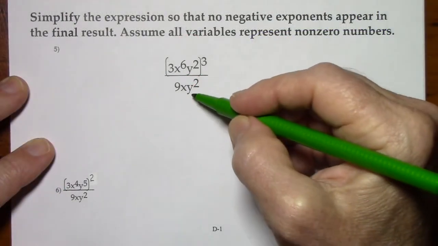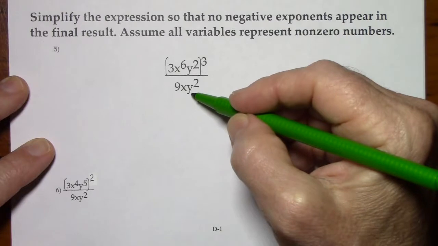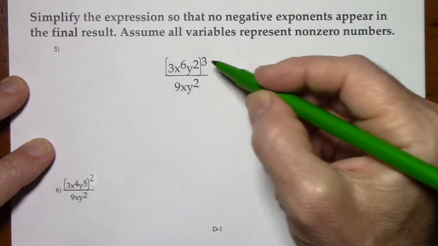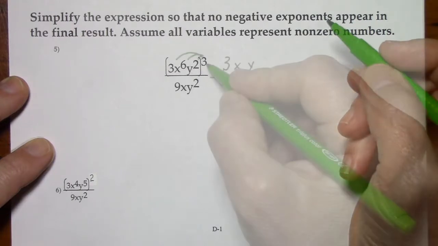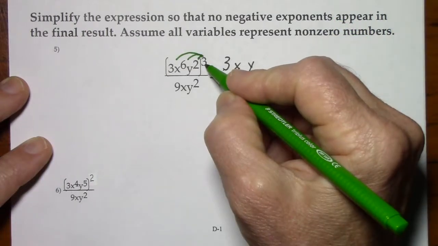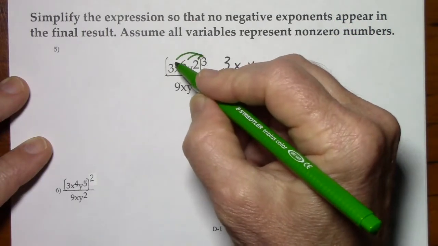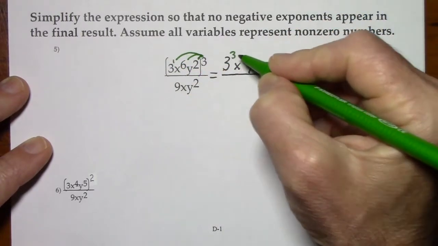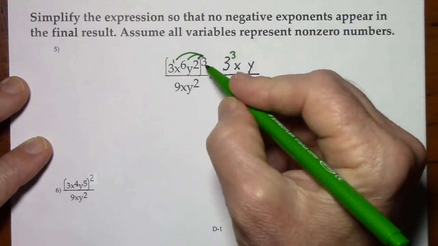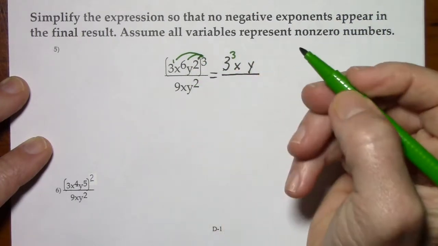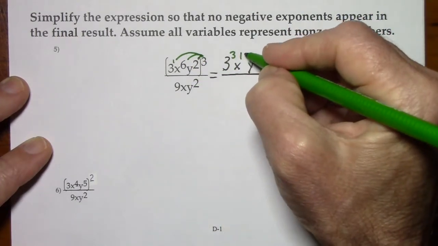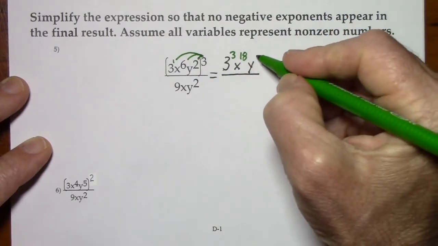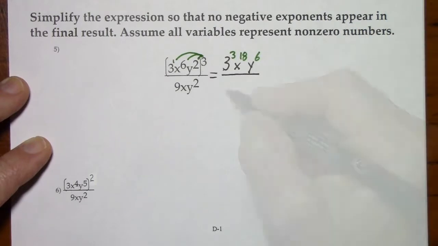Looking at this one, we can't just cancel out y squared and y squared because in the numerator everything is to be raised to the third power. So this exponent of 3 multiplies this exponent of 1, giving you 3. 3 multiplies 6 gives you 18. 3 multiplies 2 gives you 6.